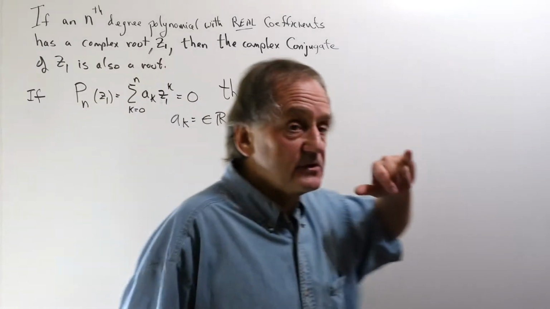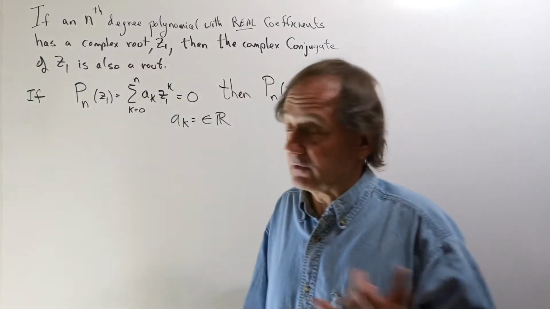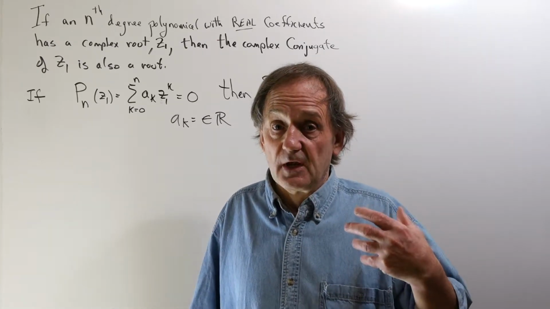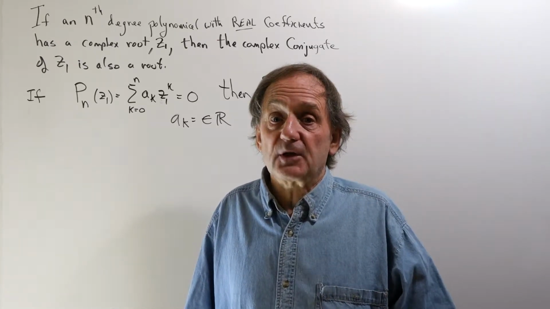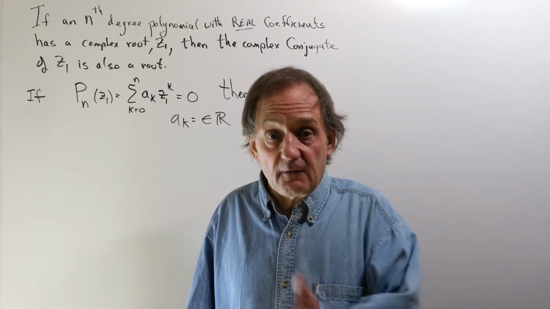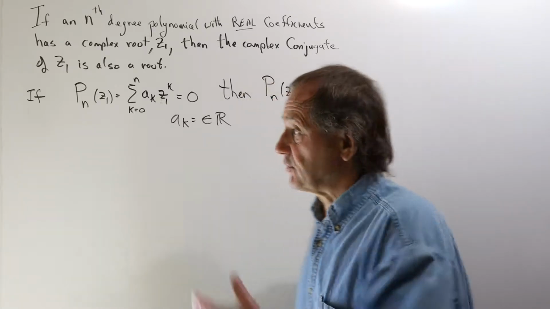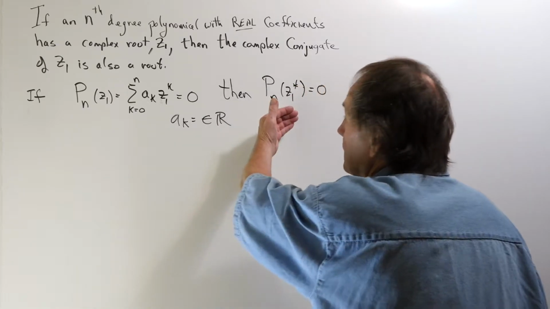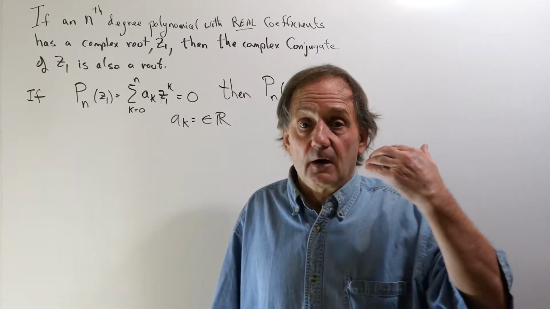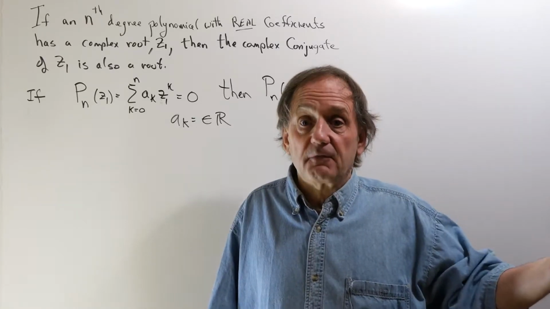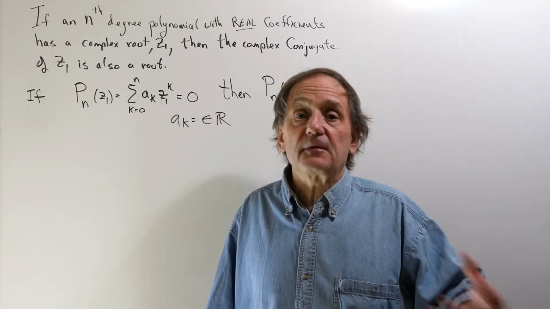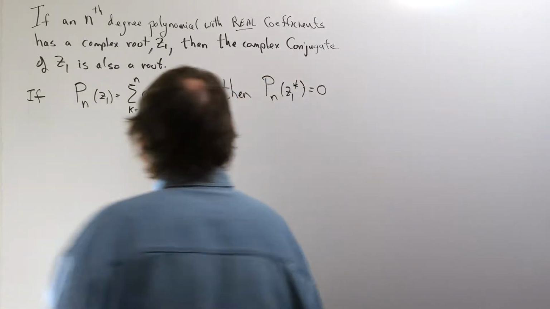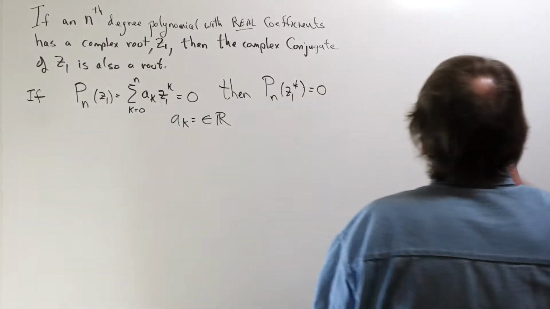If the coefficients are allowed to be complex numbers, then this does not hold, because your complex roots don't have to occur in conjugate pairs if you have complex numbers as your coefficients in the polynomial equation. But if your coefficients are members of the real numbers, you're guaranteed that the roots always occur in complex conjugate pairs. You can show this with an example.